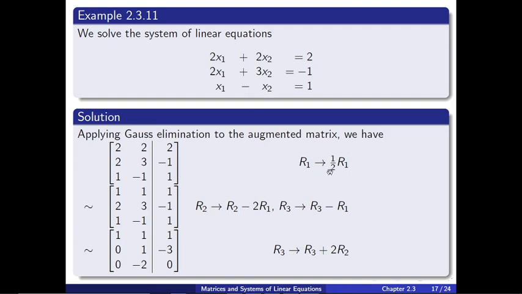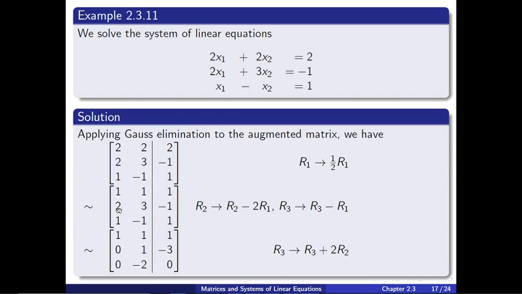In this one, they started off with making the first entry a 1. How do you do that? We can divide the whole row by half. In other words, R1 goes to half R1. So we get 1, 1, 1.